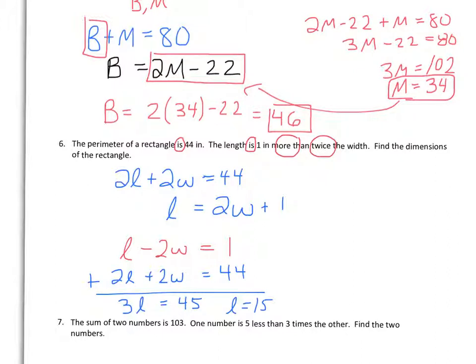So if the length is 15, if you remember my trick that I told you the other day on Thursday, the length plus the width is going to be half the perimeter, which is 22. So if the length is 15, 15 plus what is 22? Give you a second to think about that.